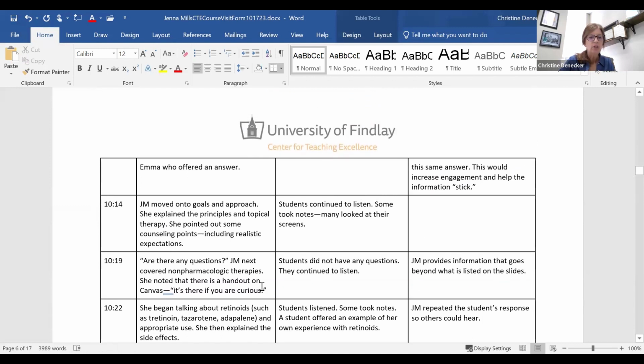She asks, are there any questions? This is at 10:19, talking about non-pharmacologic therapies. She noted that there's a handout on Canvas, there if you are curious. I kind of like that for maybe 3B, questioning to see where they are, but also participation as well.